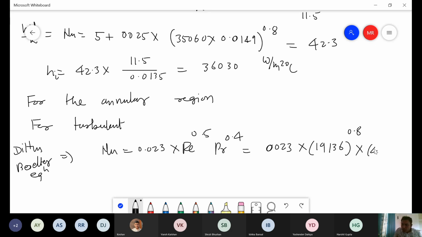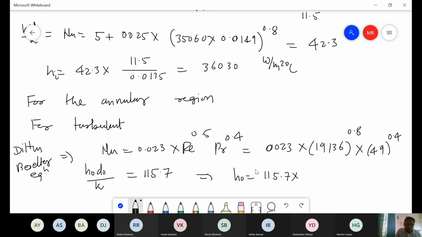So 4.9 raised to the power 0.4. So this comes out to be 115.7, and this is given as H naught D naught divided by K, isn't it? So from this, H naught can be calculated as 115.7 into K of water.